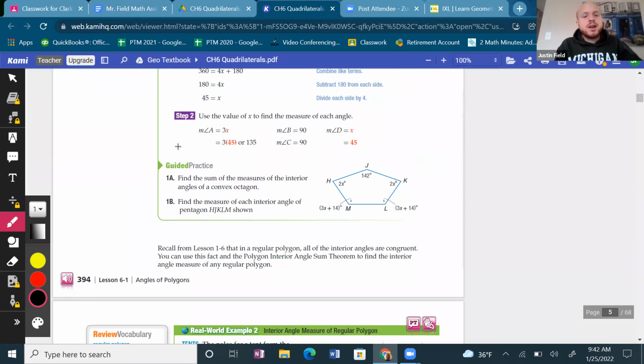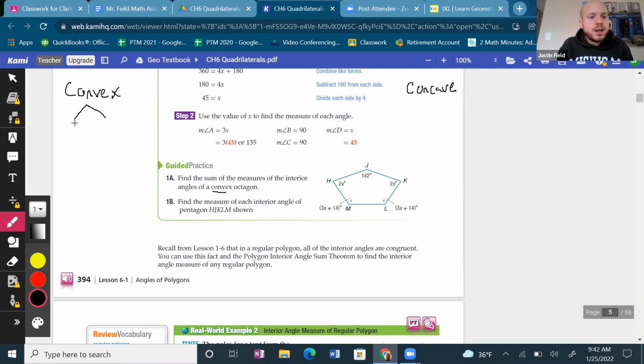So let's do guided practice. Find the sum of the measures of the interior angles of a convex octagon. Oh yes, it has to be convex. So let's put that in our notes: convex, and the opposite, which I'll put on the other side, concave.